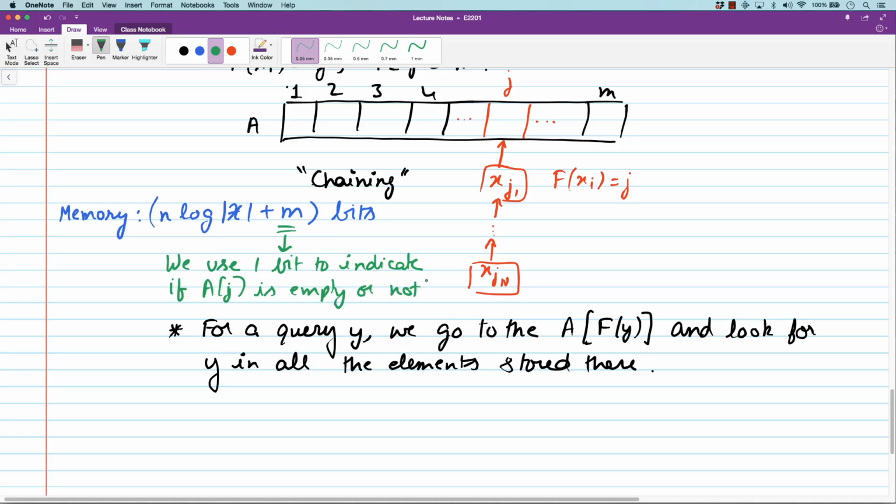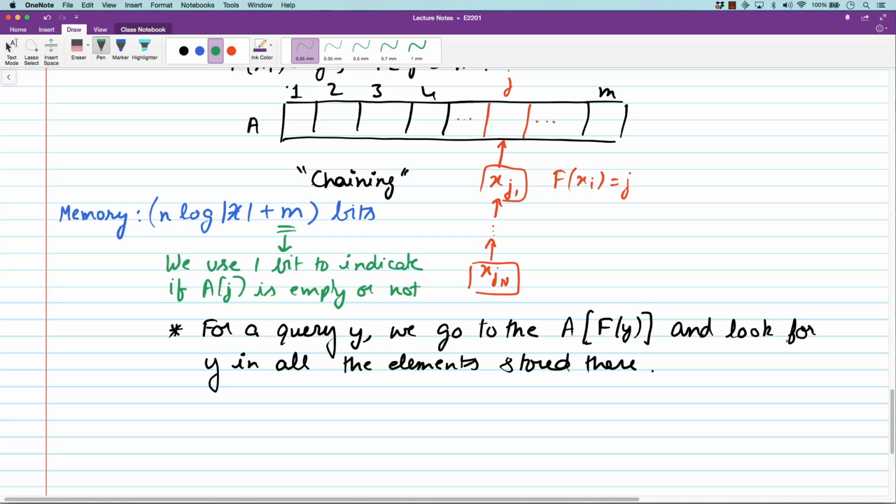Otherwise, this is not fair. You'll have an empty symbol, and we will not be accounting for that part of the memory. So we assume that we use one bit to indicate if this array is empty or not. So there is some memory requirement to allocate these memory locations. That's what this one bit to indicate empty or not is used for. So the total number of bits is n log x plus m.